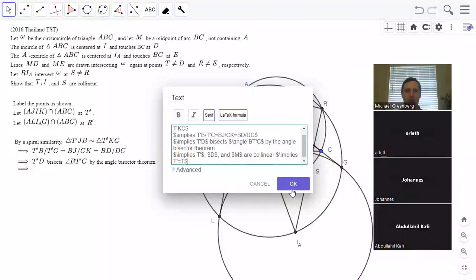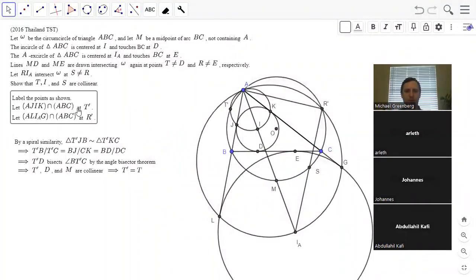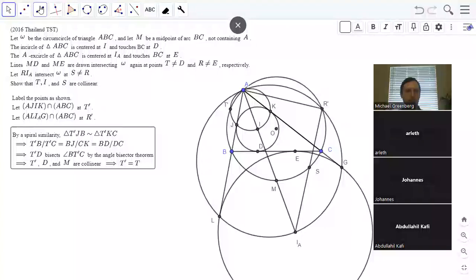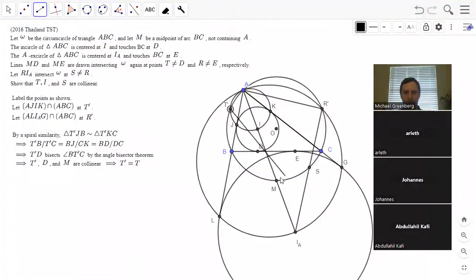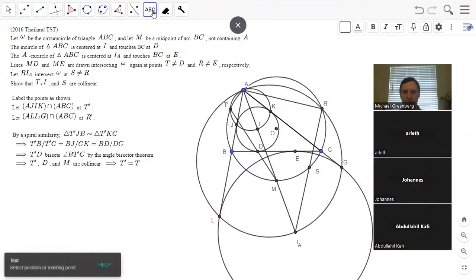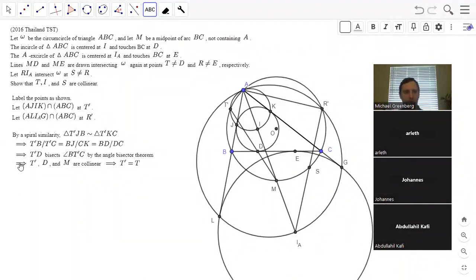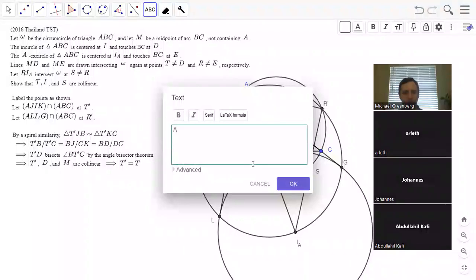Okay. And then we can make the same argument to show that R prime equals R, because spiral similarity shows that R prime BL is similar to R prime CG.